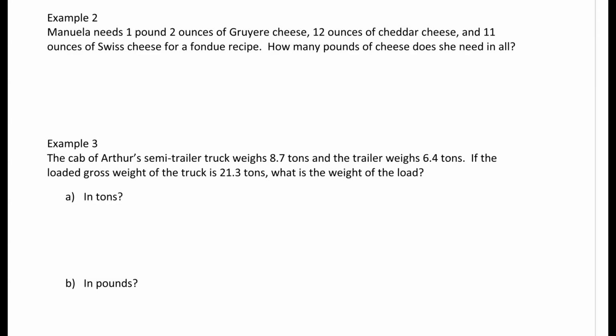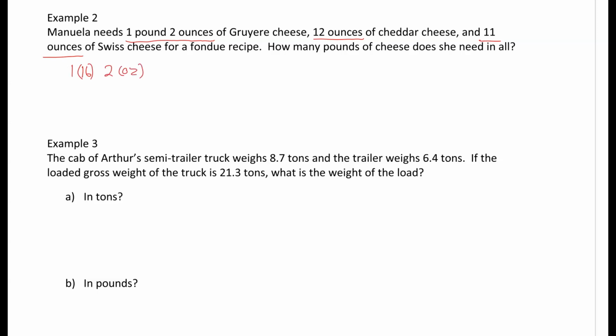Well, the first thing we need to think about is, what do we have as our values? We have 1 pound, 2 ounces of Gruyere, 12 ounces of cheddar, and 11 ounces of Swiss. So what we can do first is get our total by adding these all together. 1 pound, so LB, I'm going to put this in brackets, and then 2 ounces.